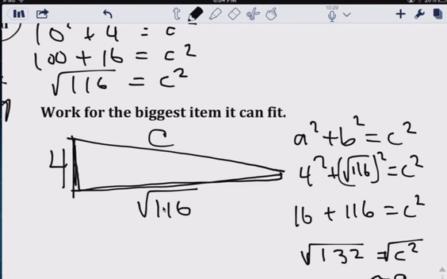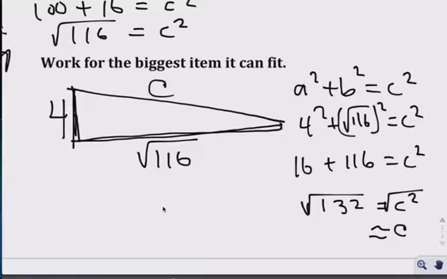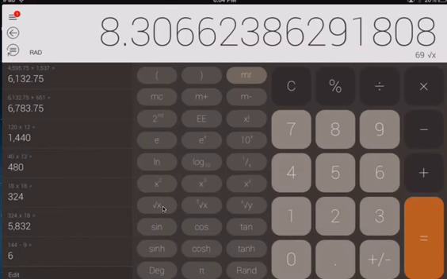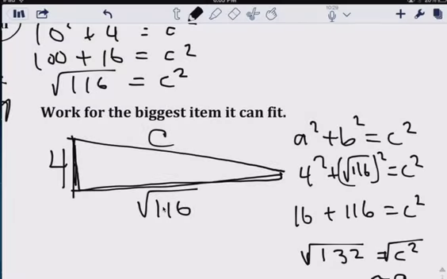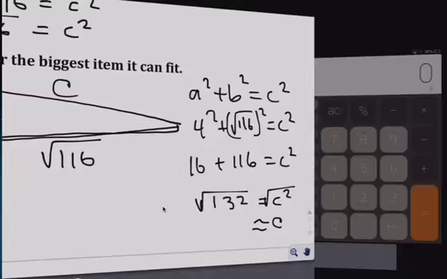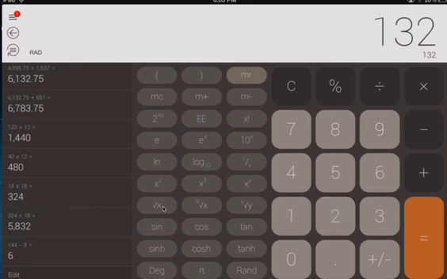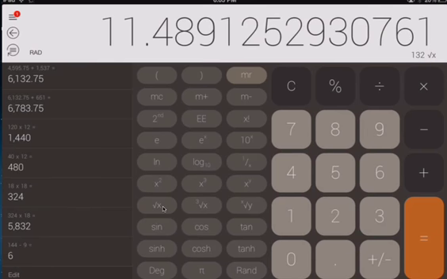C is about, okay, calculator, I forgot the number, 132, that's what I thought. The square root of 132 is 11.48.